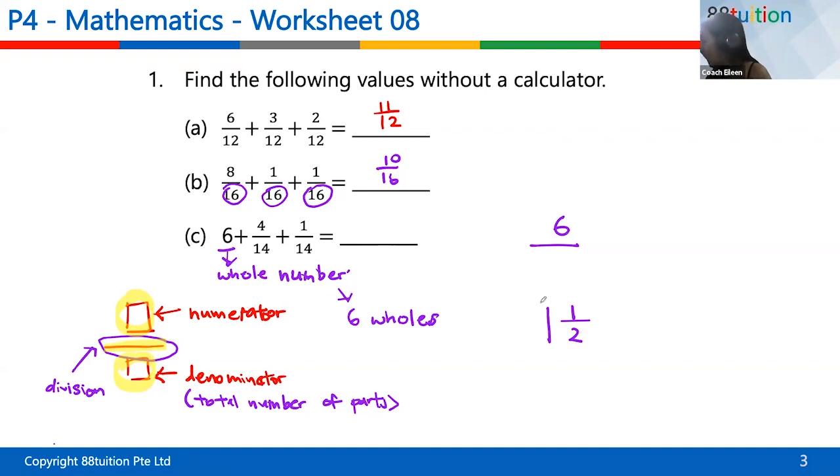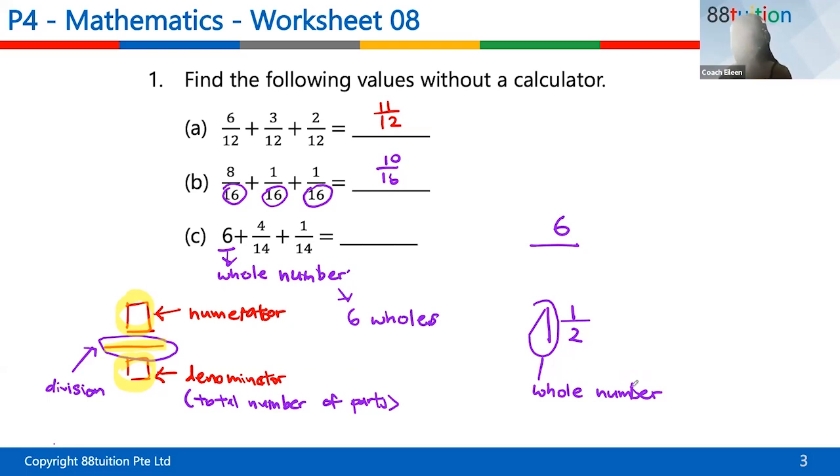This is actually my whole number. You all see it? So 1 is my whole number, half is my fraction.